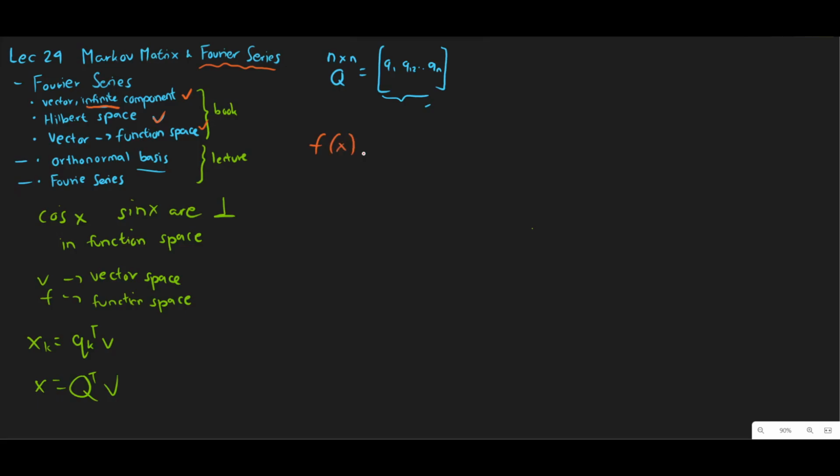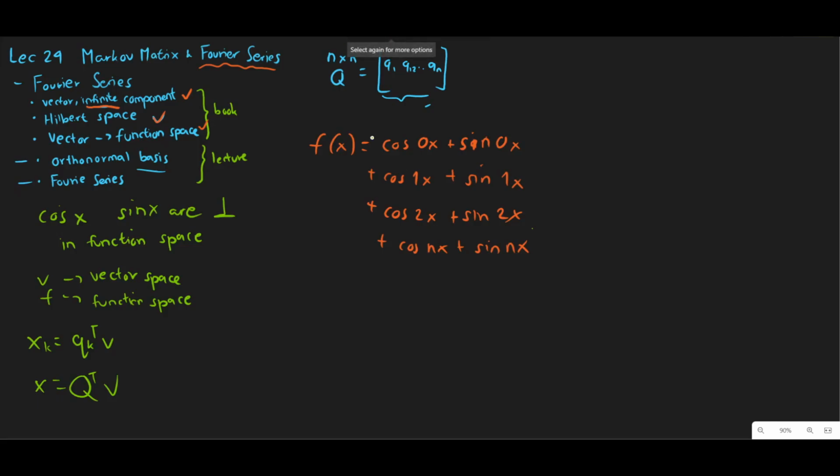It's a function of x expressed as cos of 0x plus sin of 0x, plus cos of 1x plus sin of 1x, plus cos of 2x, and I hope you get the idea, until cos of nx plus sin of nx. So it is a function that tells you how many components of each harmonic, each cos x and sin x, play a part in that function.